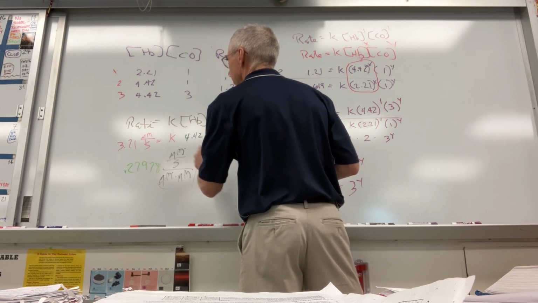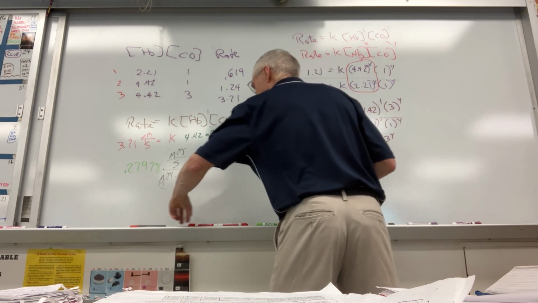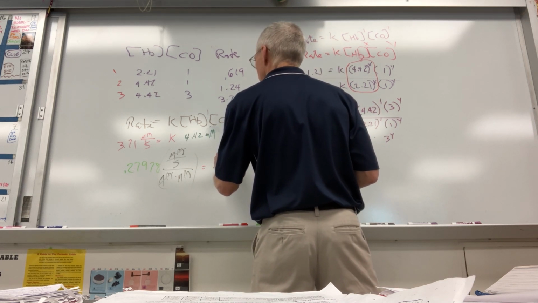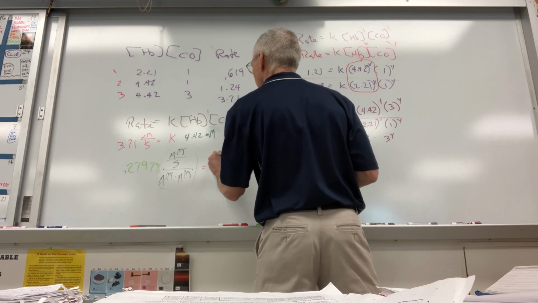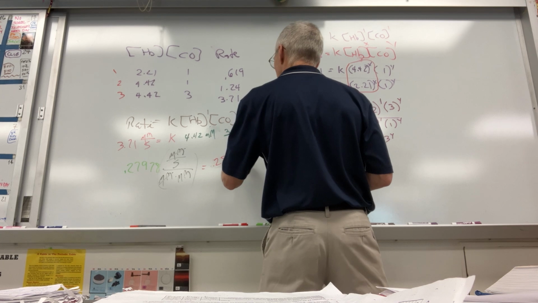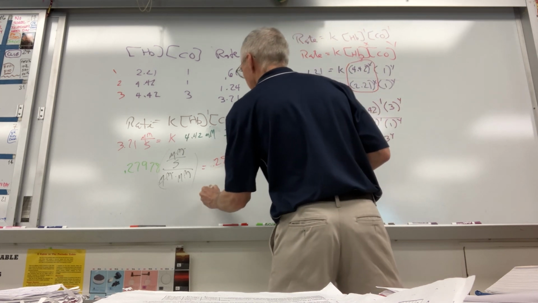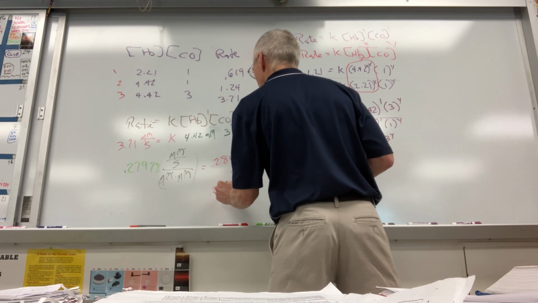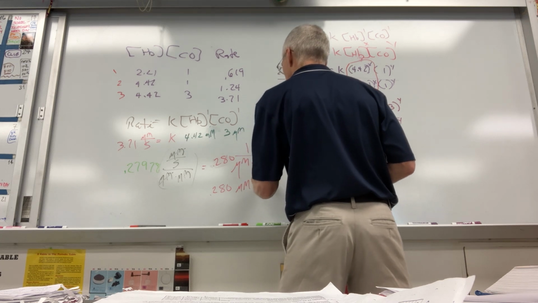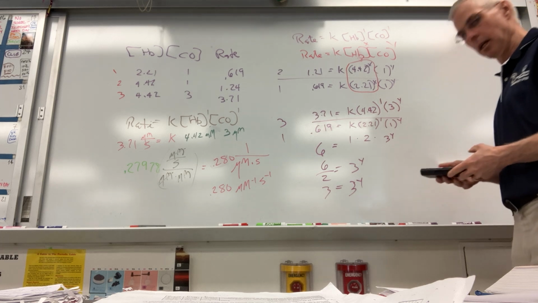One of these millimolars cancel, and so the final answer looks something very oddly like 0.27, let's just say 0.28, 1 over millimolar times seconds. Now you may see it expressed in a book as 0.28 millimolar to the -1, seconds to the -1. And if that throws you off, just ask me and I'll give you a hand.